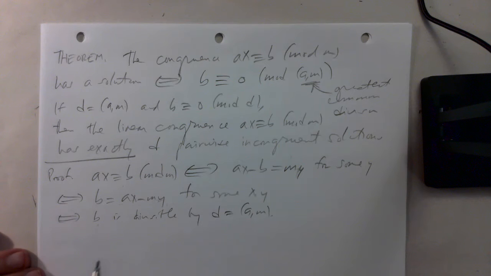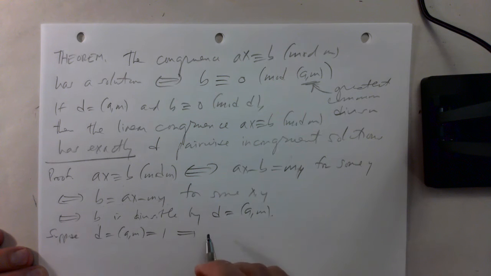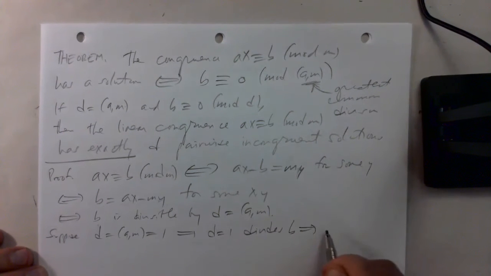So to prove the second part of the theorem, let's look at the special case. Suppose D, which is the greatest common divisor of A and M, is 1. Suppose A and M are relatively prime. Then D, which is 1, certainly divides B, so a solution exists.